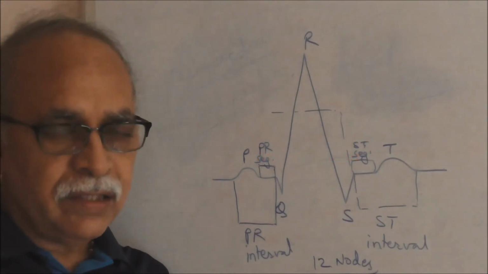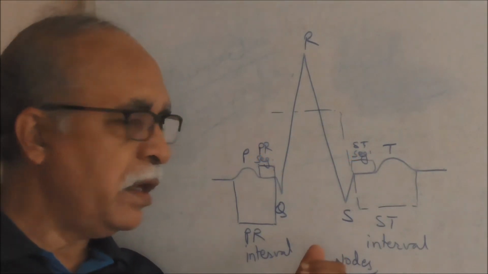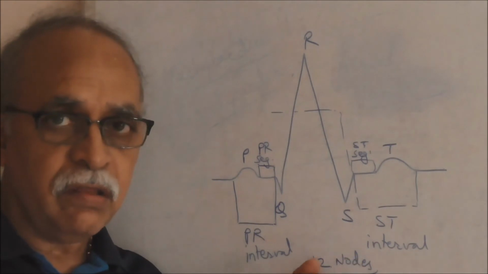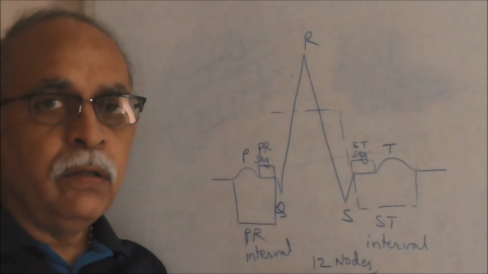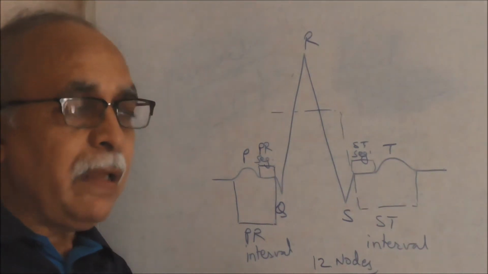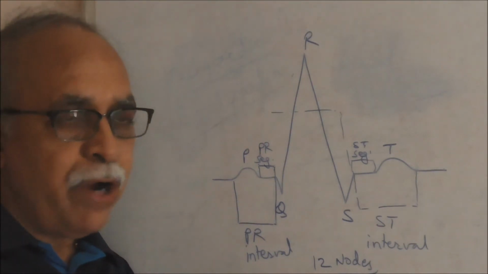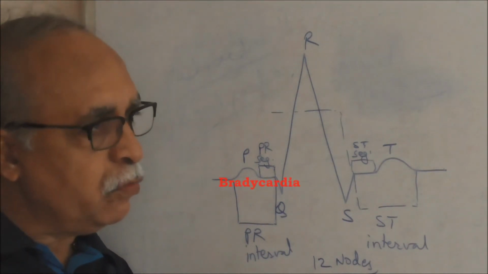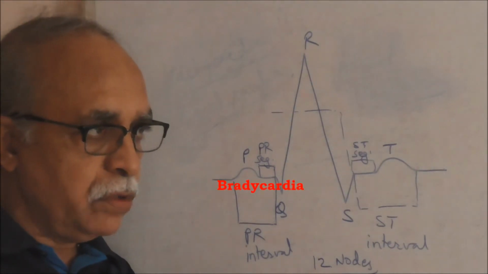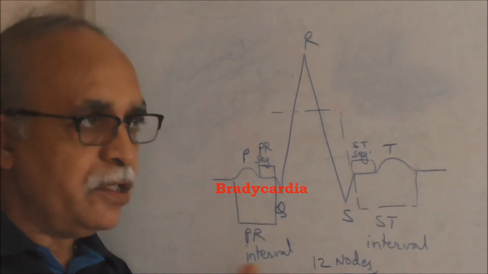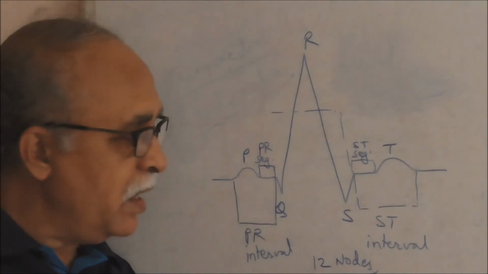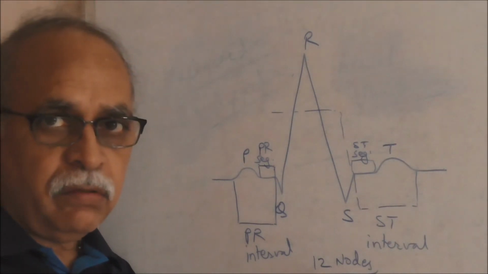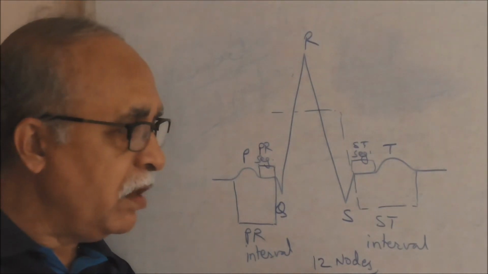Now, such disorders can be detected by using the changes in the electrocardiogram. Then we talk about the decrease in the heart rate. That's called bradycardia. Bradycardia could lead to slow propulsion of blood or less propulsion of blood, resulting in hypotension, and that also can be detected by reading the electrocardiogram.